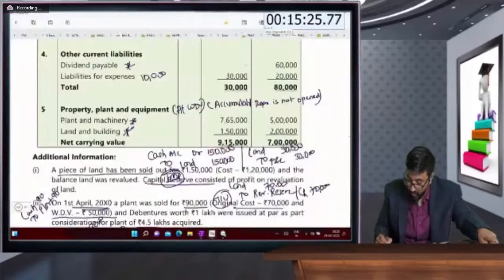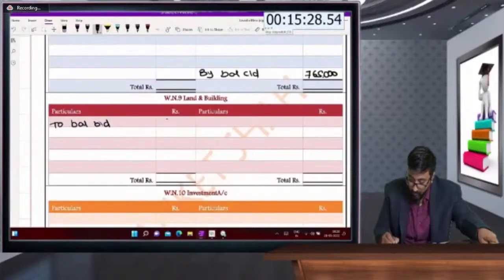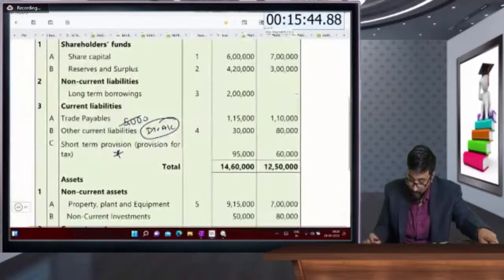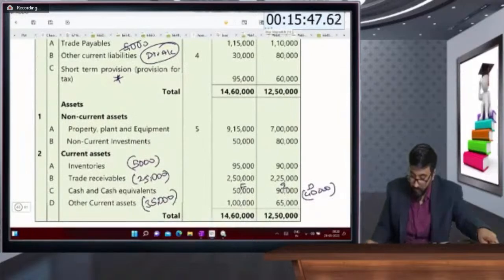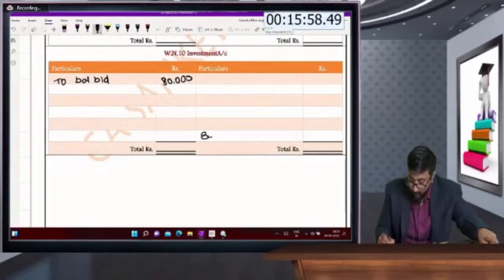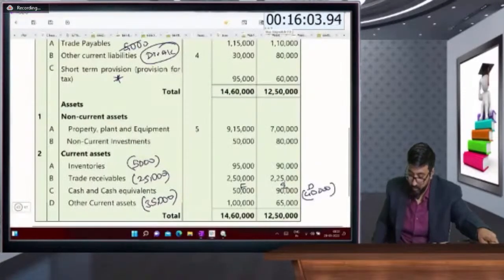To balance brought down 2 lakhs, and by balance carried down 1,50,000. Non-current investment, to balance brought down 80,000, and by balance carried down 50,000.